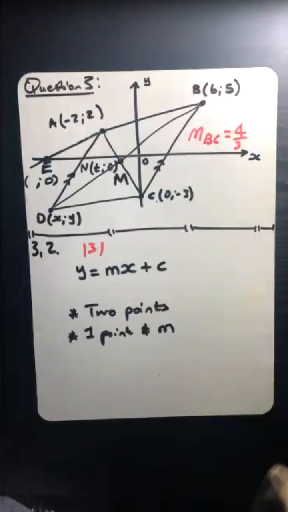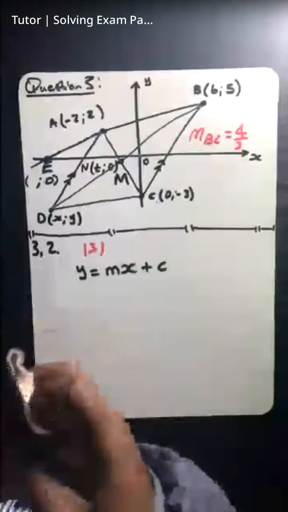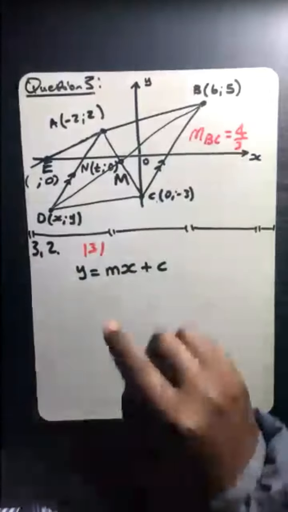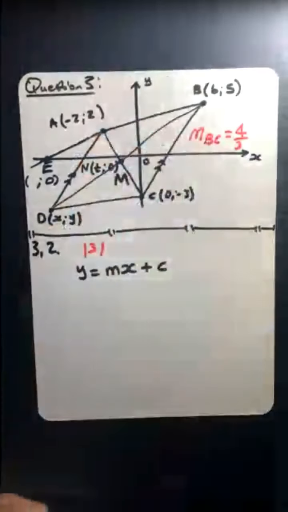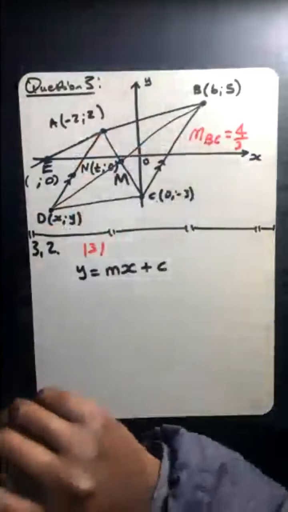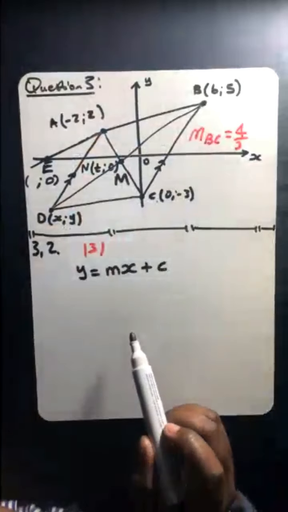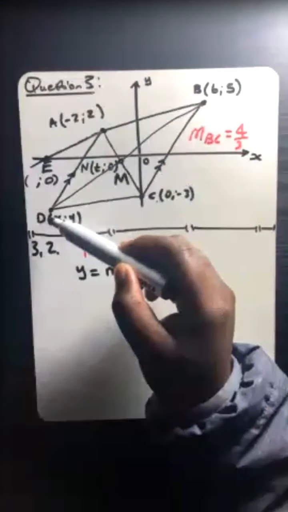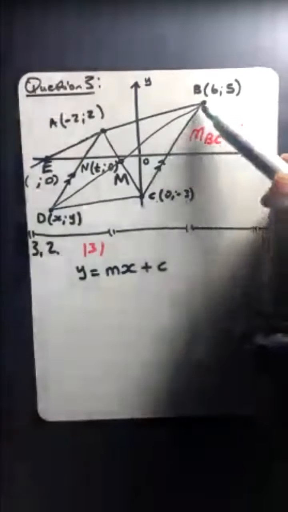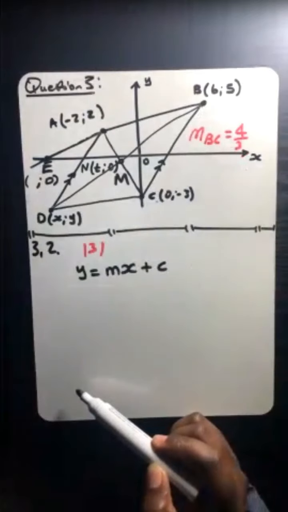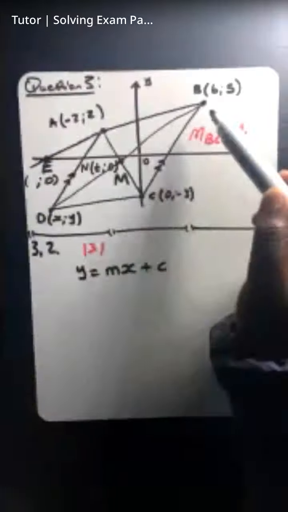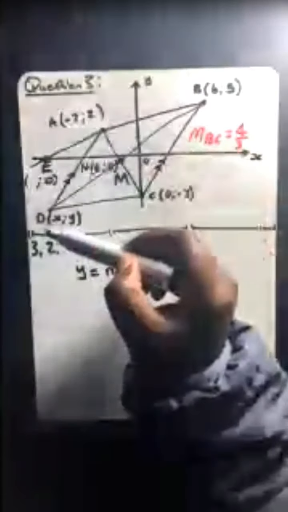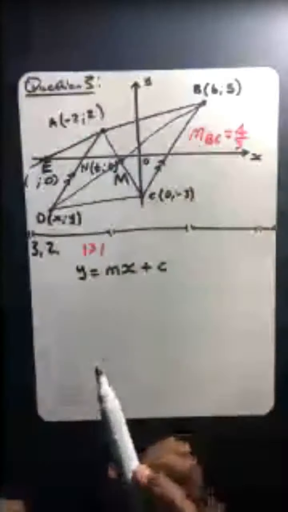Shreyas, can you see how the examiner can be tricky? They don't give you the gradient of line AD, but they tell you that line BC is parallel to line AD, and in the first question you calculated the gradient of BC. Because you attend my lessons, you should be aware that this line is parallel to that line, and that means they've got equal gradients.